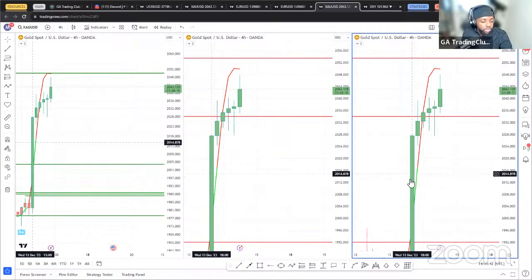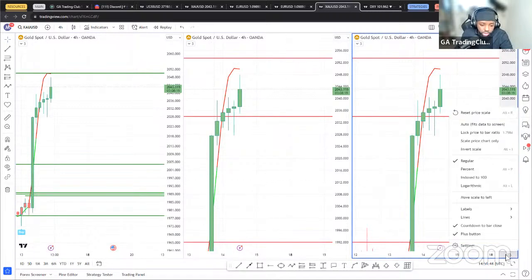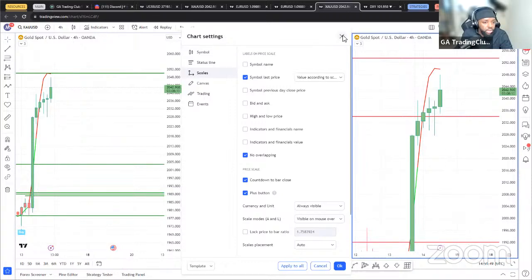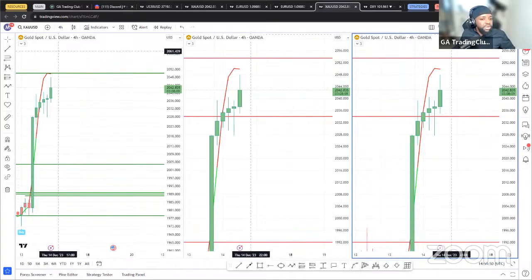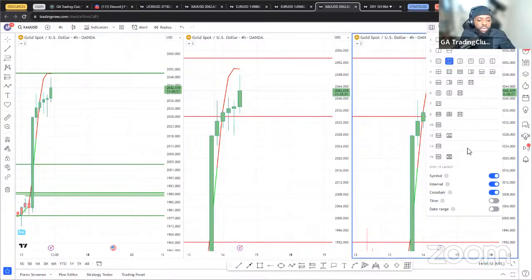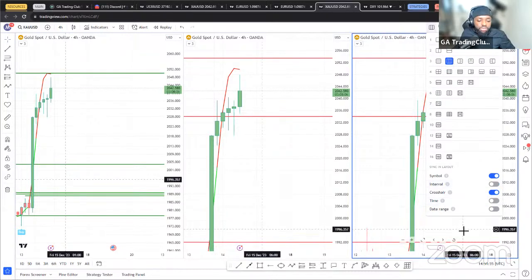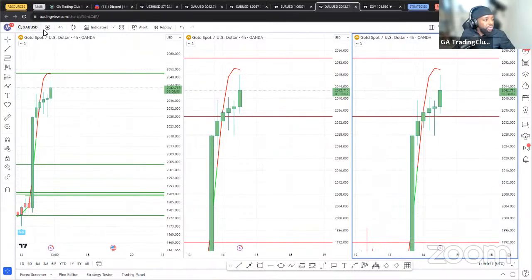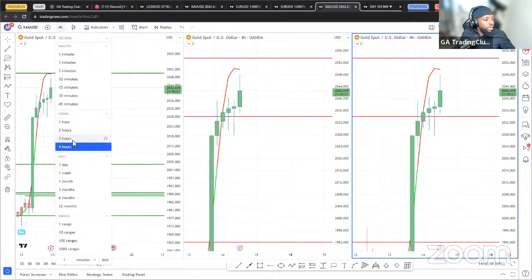I'm trying to make it so that the intervals are not tied in. Anyway, it's fine, I'll figure it out. Oh, here it is. So the interval should not be synced so that I don't have to be turning on and off.